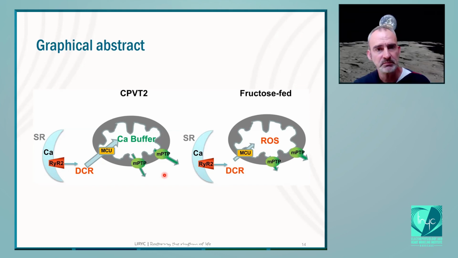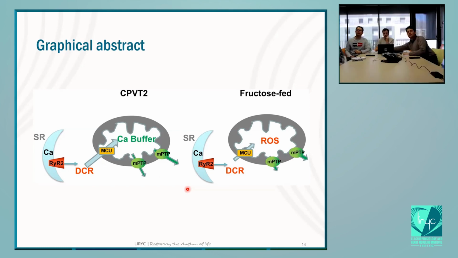And if you look at electron microscopy data, they seem to show that mitochondria are sufficiently close to sense the massive increase of calcium coming from the RYR2.